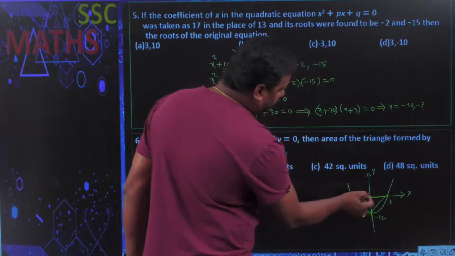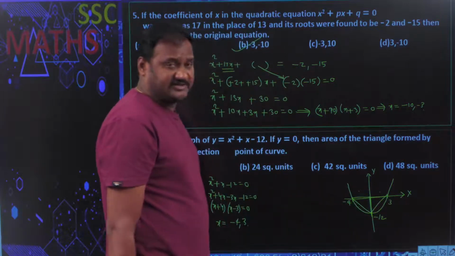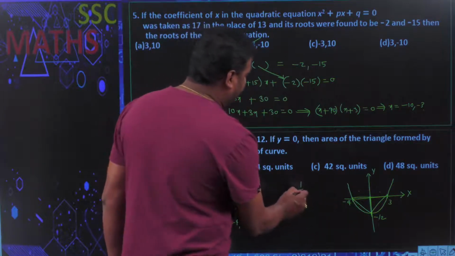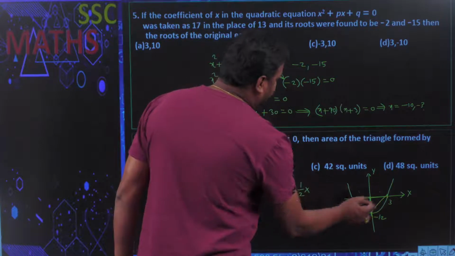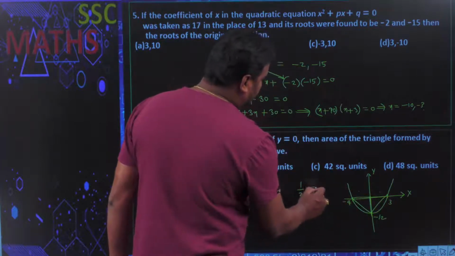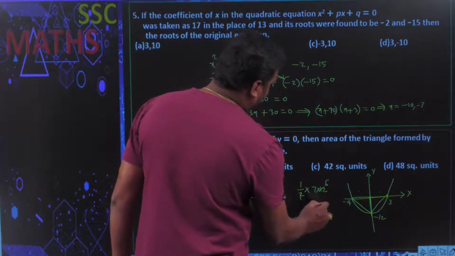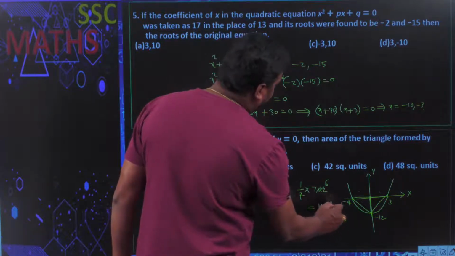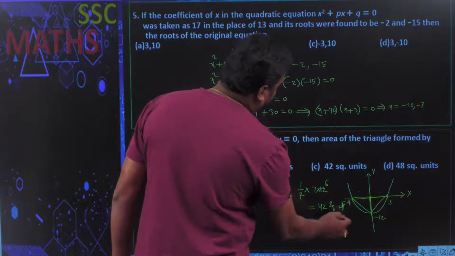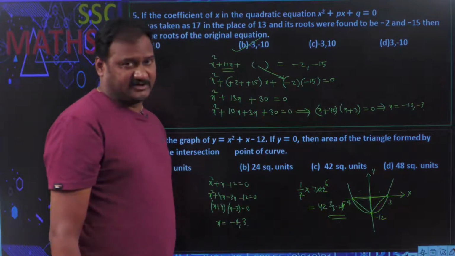Base here it is 4 units and 3 units. 4 plus 3 is equal to 7 units. So area of triangle equals half into base, 4 plus 3 is equal to 7, and height is equal to 12. So 2 6s are 12, 7 6s are how much? 42 square units. So this is the way of answering the problem.